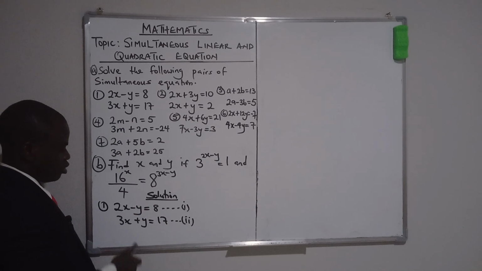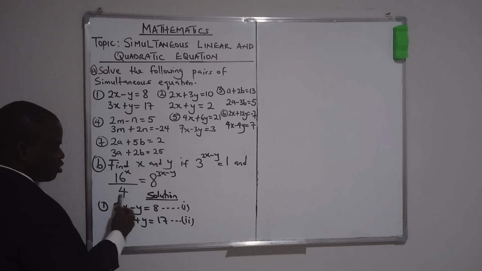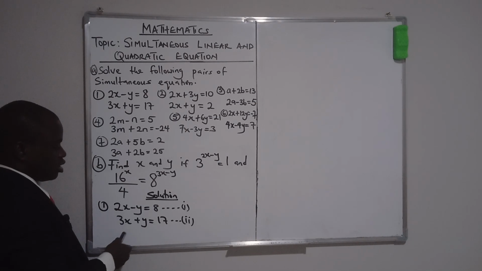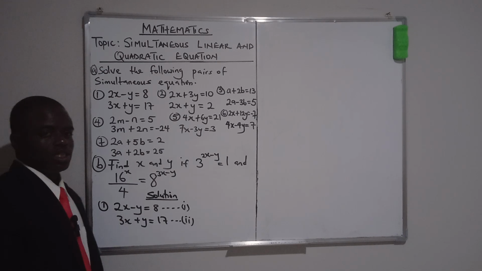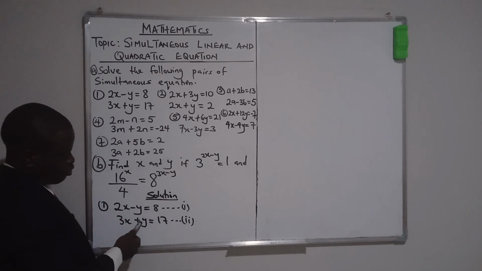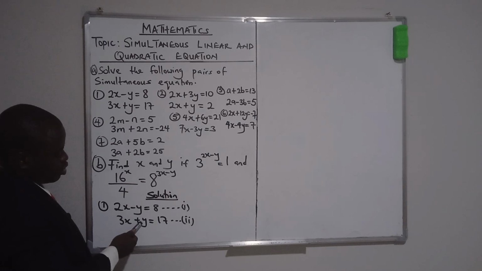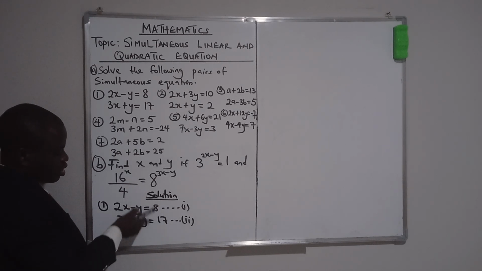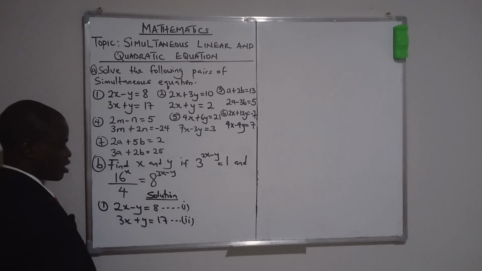We have to now multiply equation 1 by the coefficient of x in equation 2, and also multiply equation 2 by the coefficient of x in equation 1. If you like to pick that of y, you multiply by the coefficient of y, so that the y coefficients become the same. Then you can do your subtraction.